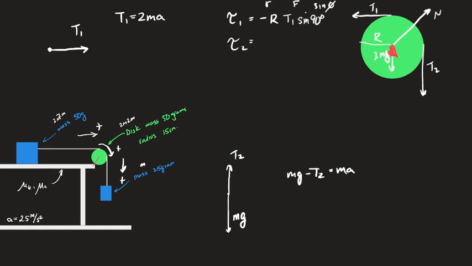The next torque arm R, force T2, sine 90 degrees. I think that's all pretty much the same. Right-hand rule again. My torque arm is this way. Force is downwards. That's a torque that's into the board. Into the board is positive, so put a positive sign there.